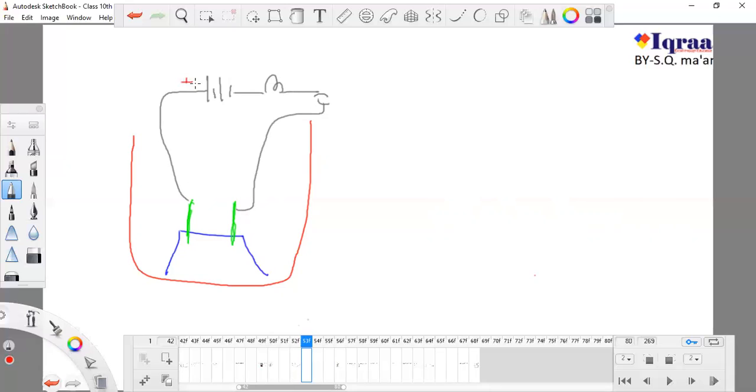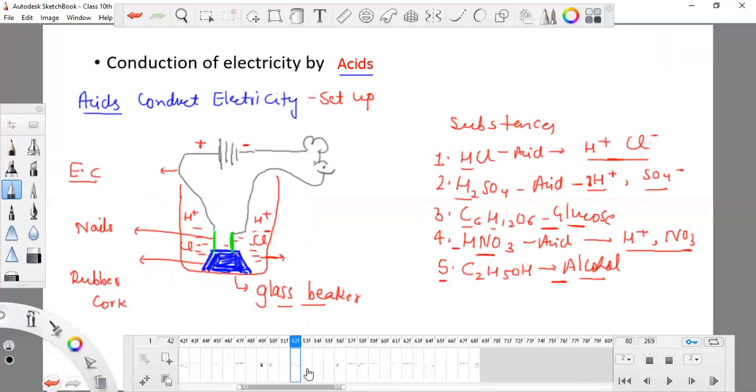This side is known as positive and this side is known as negative. Now we filled HCl, or we will add each and every substance one by one, but right now I'm taking the example of an acid.